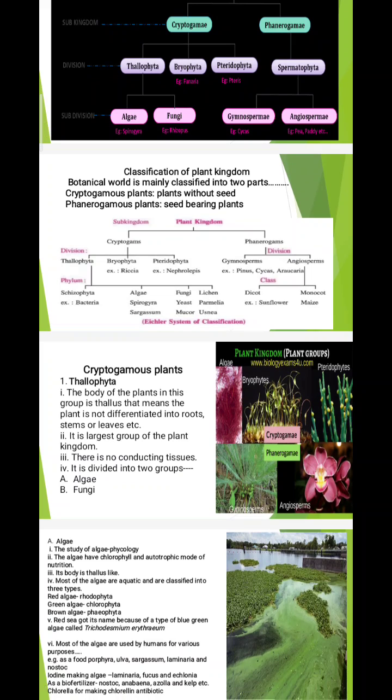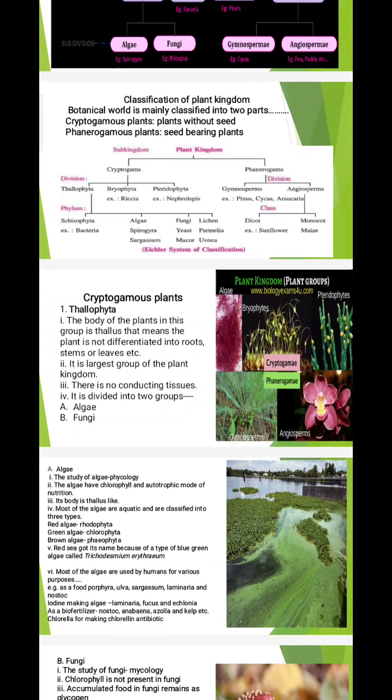You have to see the picture of the plant kingdom or plant groups. In that you have to see the different plants from algae, bryophyte, pteridophyte, gymnosperm and angiosperm. So the above three groups, that is algae, bryophyte and pteridophytes, are the cryptogams, and the gymnosperm and angiosperm are the phanerogams.